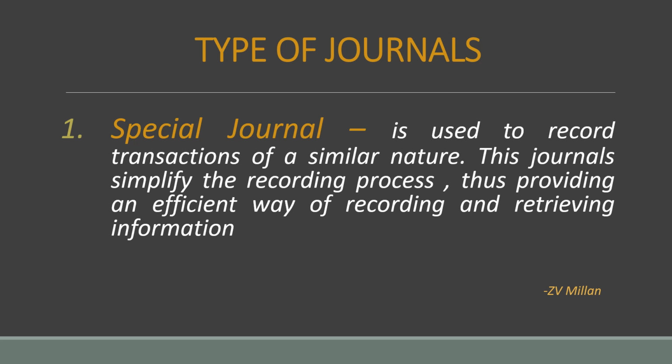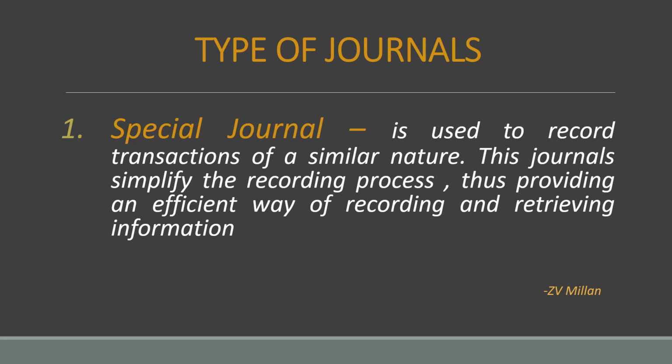So there are two types of journals. First is the special journals. So what is the use of special journals? The special journals are used to record transactions of a similar nature. We often use these special journals to record those transactions that have similar nature, like for example, all transactions that involve cash, transactions that involve payment of cash, and others.